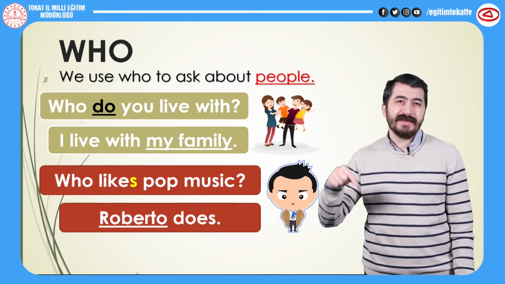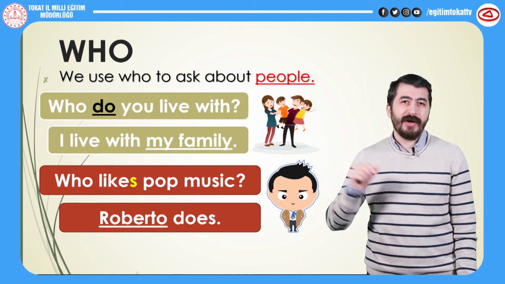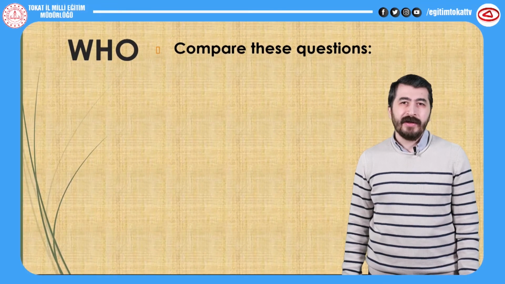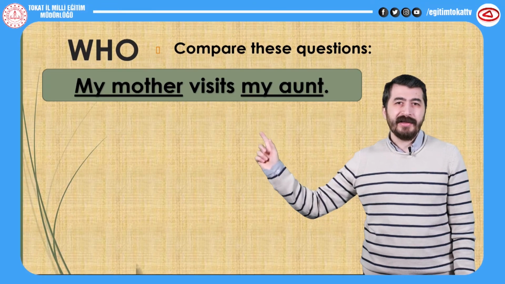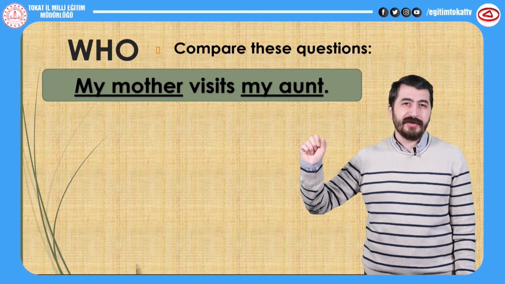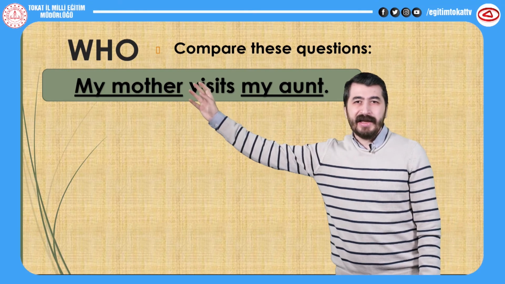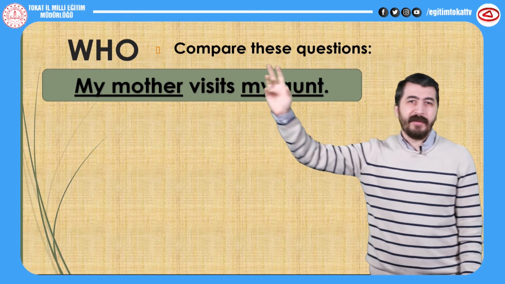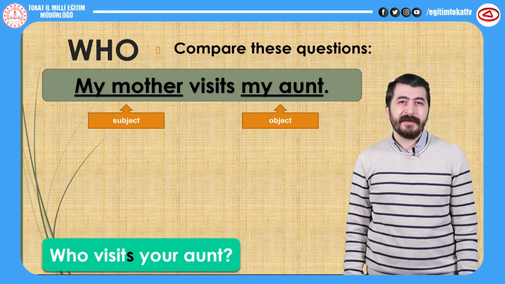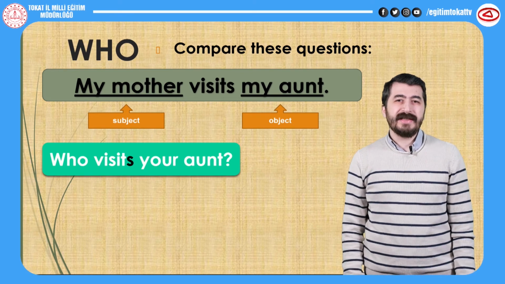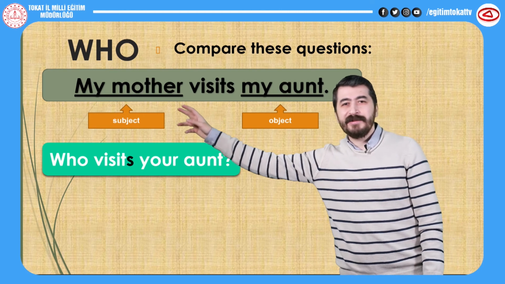Okay, let's examine this for an exercise. Compare these questions. My mother visits my aunt. Here, subject my mother, and my aunt is object. Okay, subject and object. Who visits your aunt? We ask for subject now.